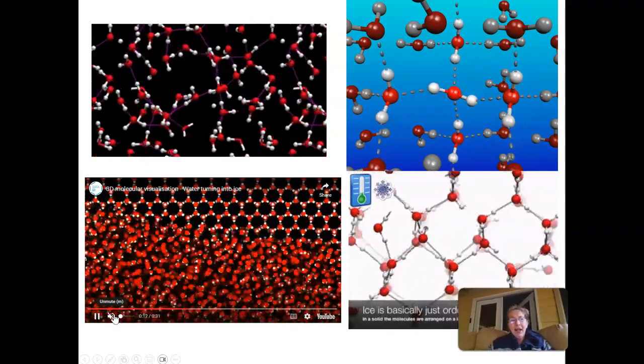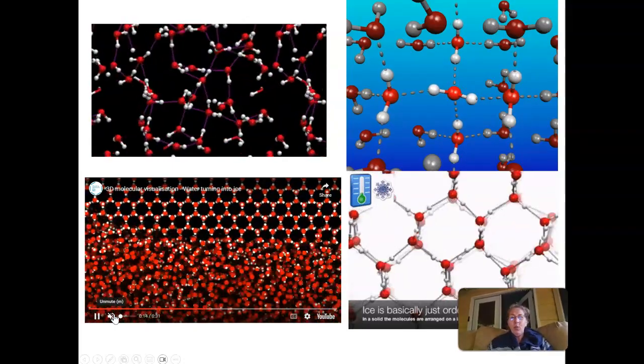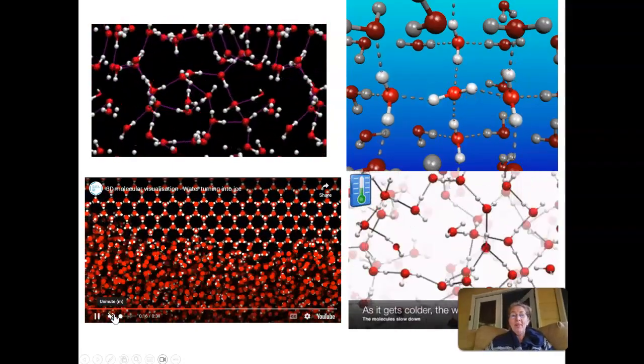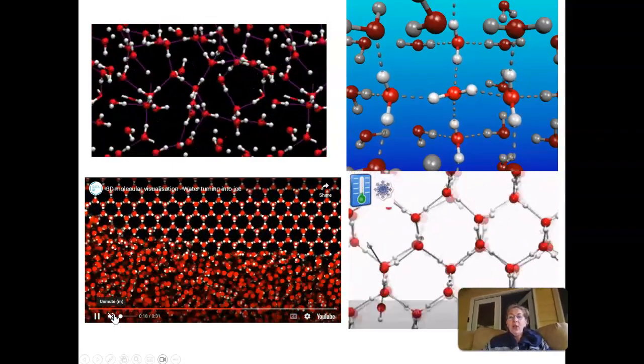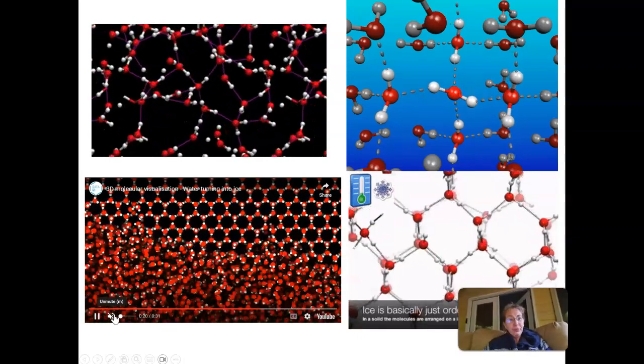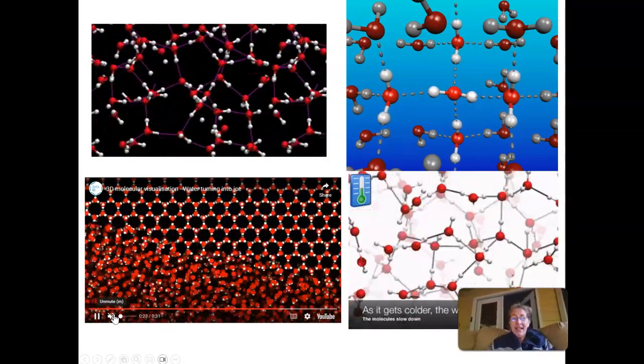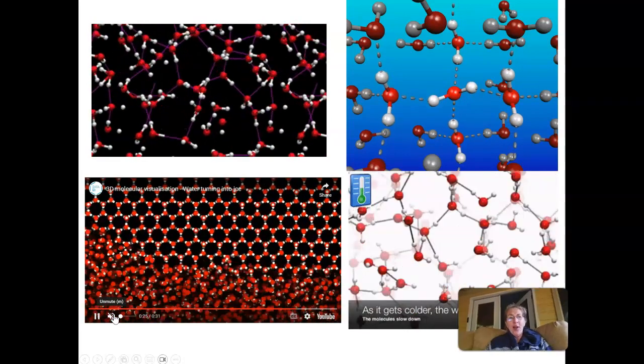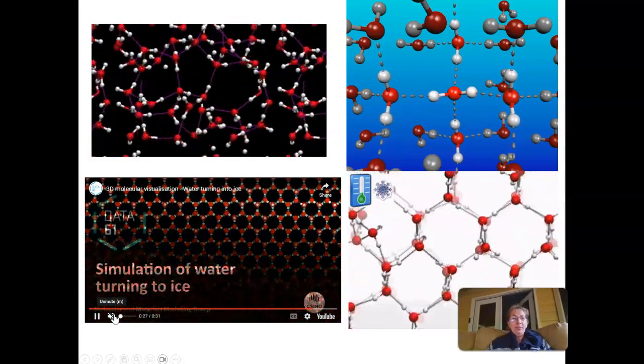And that's because of the polarity of the water molecules. And that's something we'll talk about later. But the molecules spread out, which makes them less dense when water is a solid than when it is a liquid.